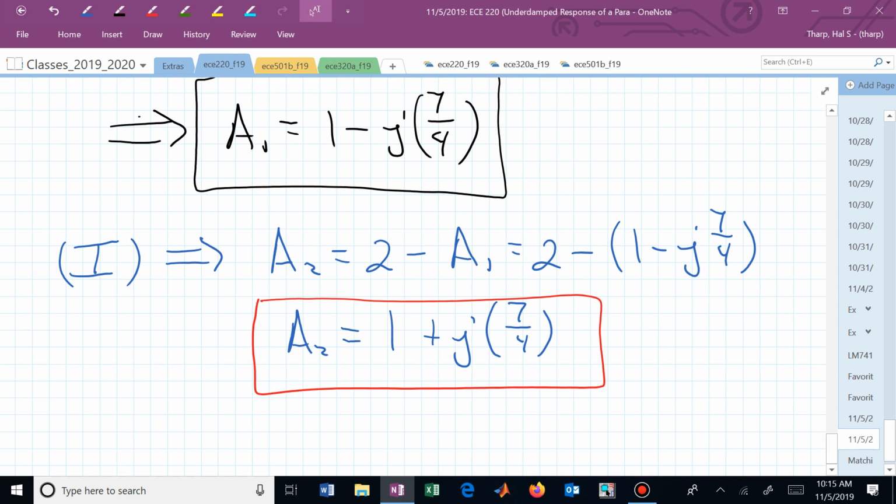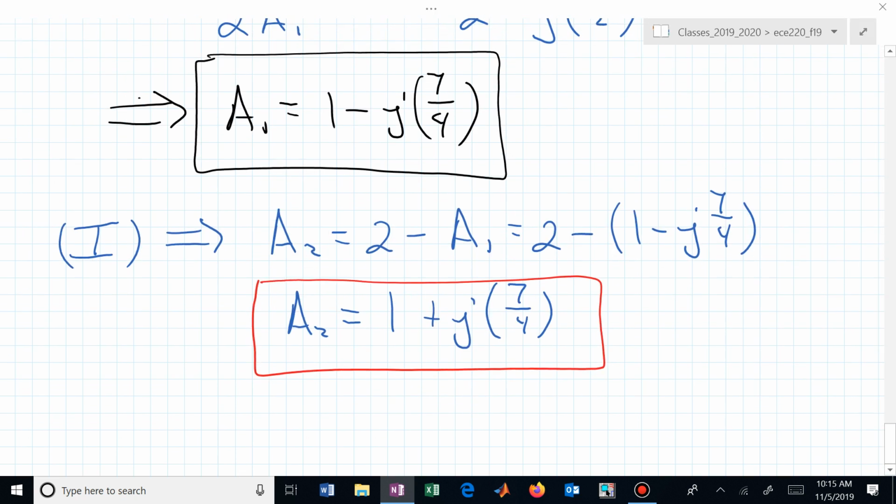And do you notice something nice, again, definition of nice, something interesting between A1 and A2? They're conjugates of each other. Yes. That's usually what happens when you start with real coefficients.